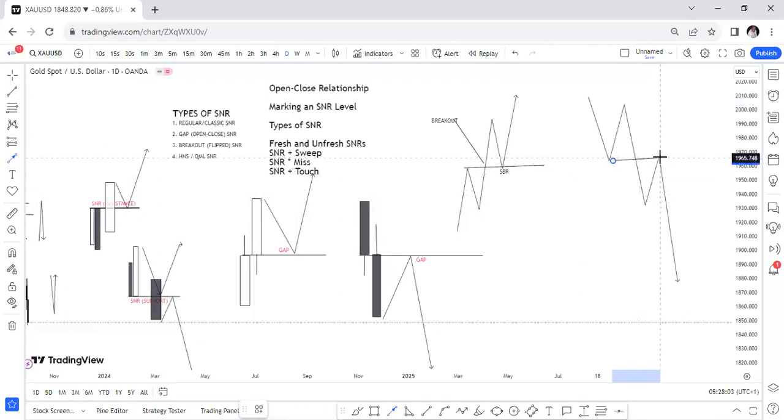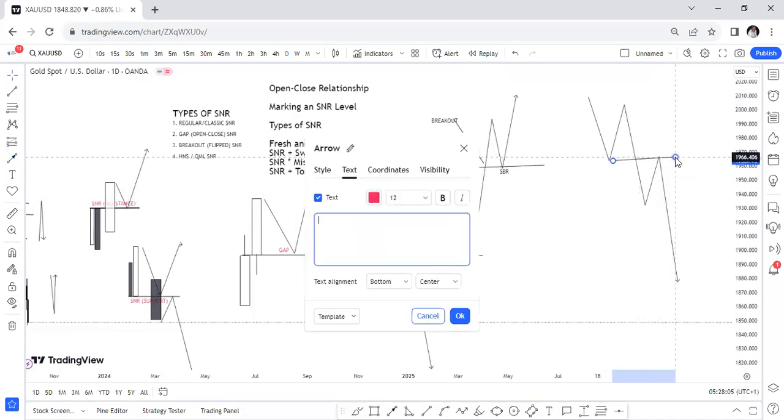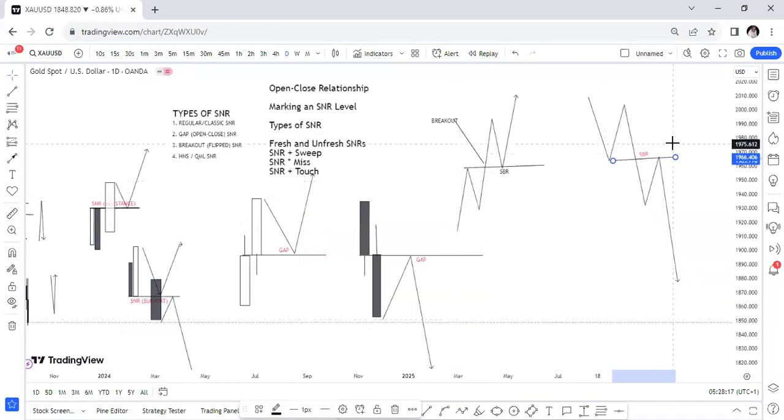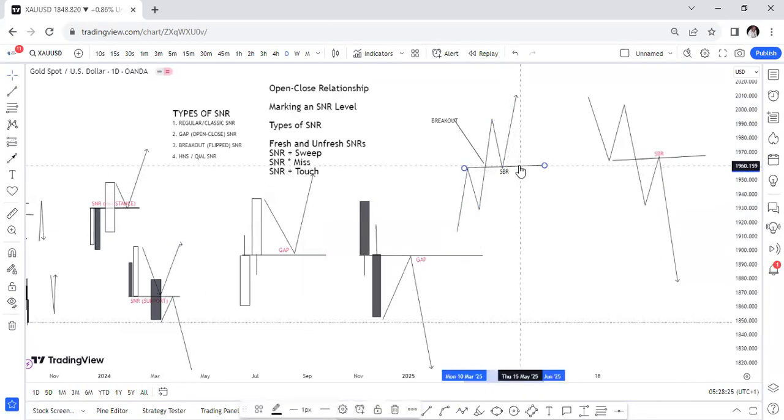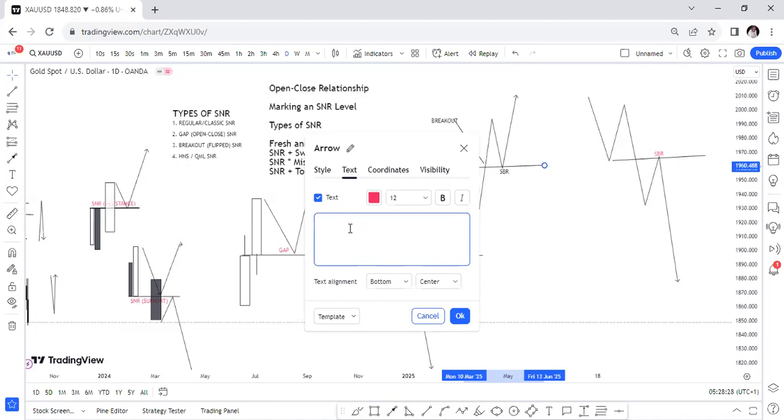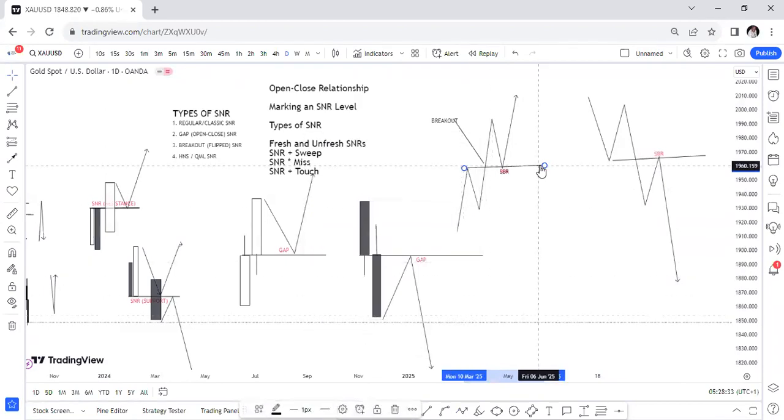You break through it, then it got retested. Now this support becomes resistance, while the previous one, resistance becomes support. RBS. Resistance becomes support. So that is a breakout.